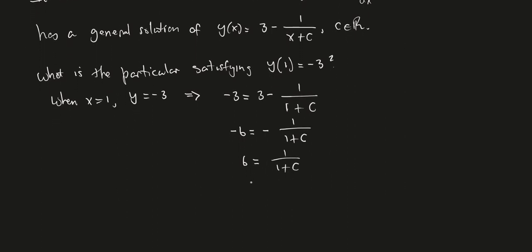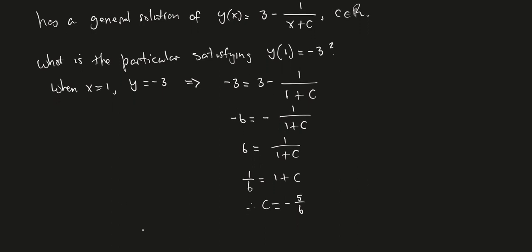So what this tells me is that 1/6 is equal to 1 plus c, and then I can subtract 1 from both sides, and I'll get that c is negative 5/6, right? So what is the particular solution? Well, let's write it down. So this implies that y of x is equal to 3 minus 1 over, and then I'll have x, and it's going to be minus 5/6.